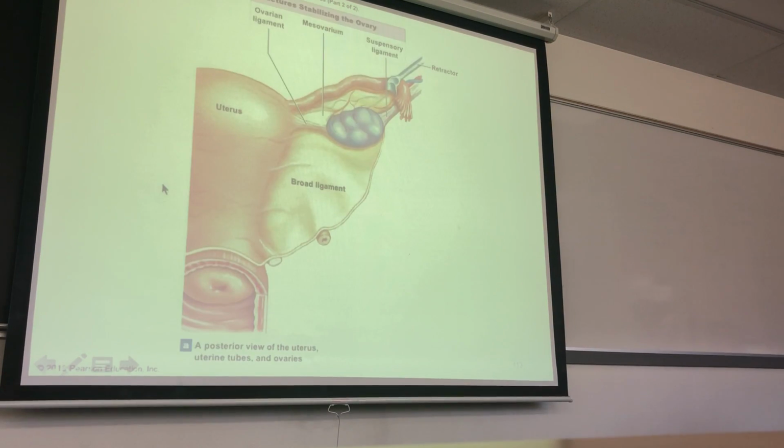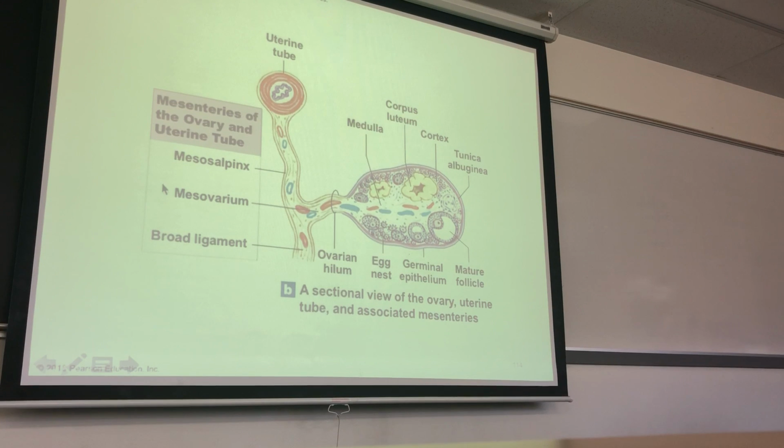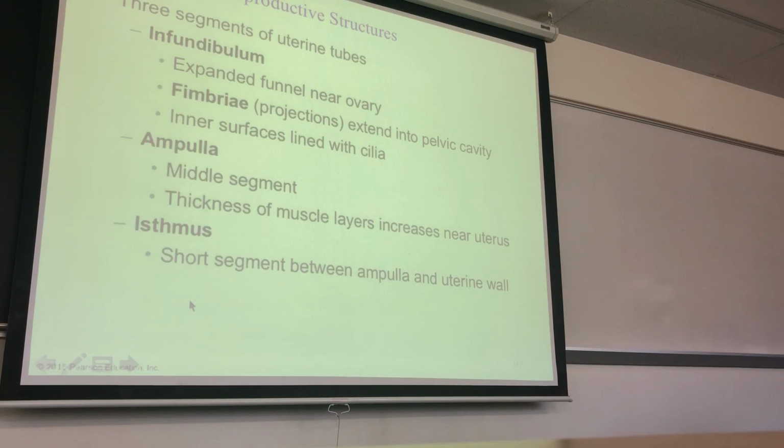Those are the ligaments that you can see on that picture. This is a picture of the ovary itself, and we're going to talk about the process of the follicle developing into a tertiary follicle and the oocyte developing into a secondary oocyte.